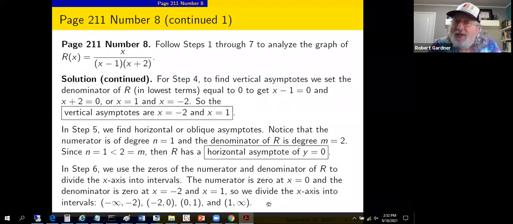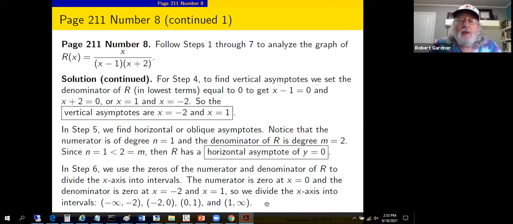It can't change from positive to negative unless it either goes through 0 or we have a vertical asymptote. Here's where it goes through 0, and these 2 points are where it has a vertical asymptote. So if it changes signs, then it does it at one of those 3 points.